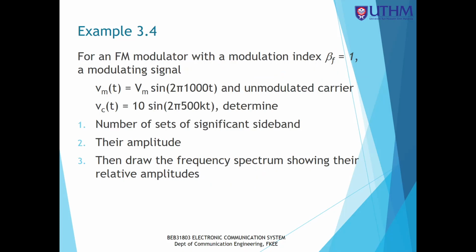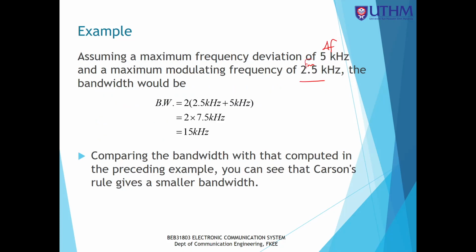The bandwidth by Carson is equal to 2 times delta f plus fm, so 2 times 7.5k, and you get 15 kilohertz.